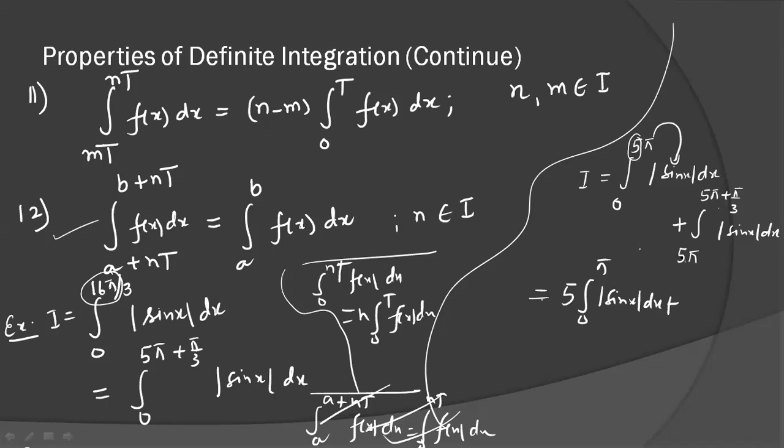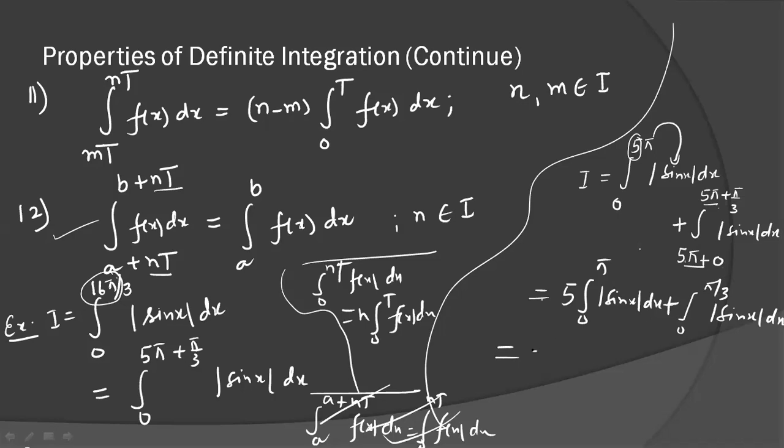You can write it as 0 to pi plus 0. Now if you compare, nT is 5 pi here, so n is 5, a is 0 and b is pi by 3, so it will be the integral 0 to pi by 3 of mod sin x dx. Are you getting my point? If you compare, a is 0 in this property, b is pi by 3, n is 5 and T is the period, that is pi here.